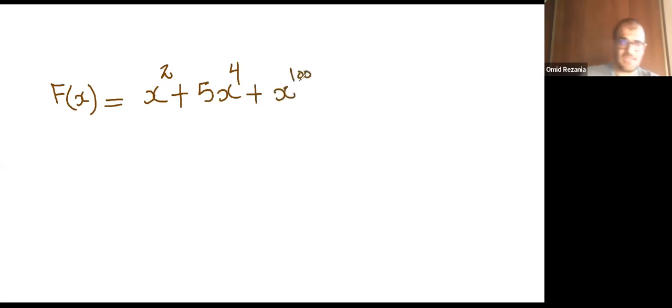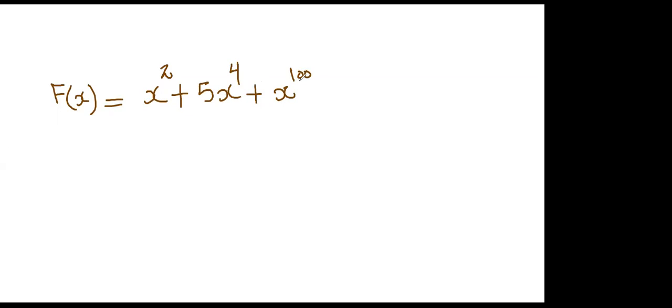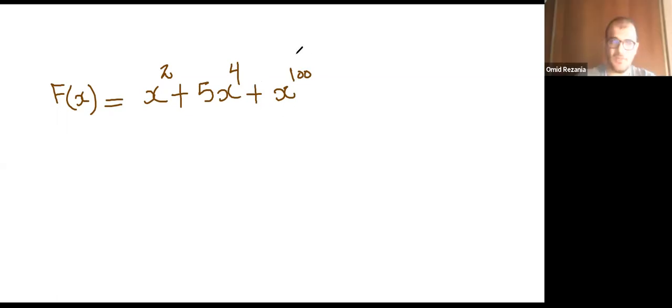Guys, is it a polynomial? Yes, it is. Thanks, Laura. This is a polynomial because when we focus our attention on the powers of these single variables, we see that 2, 4, and 100 all belong to the natural numbers.